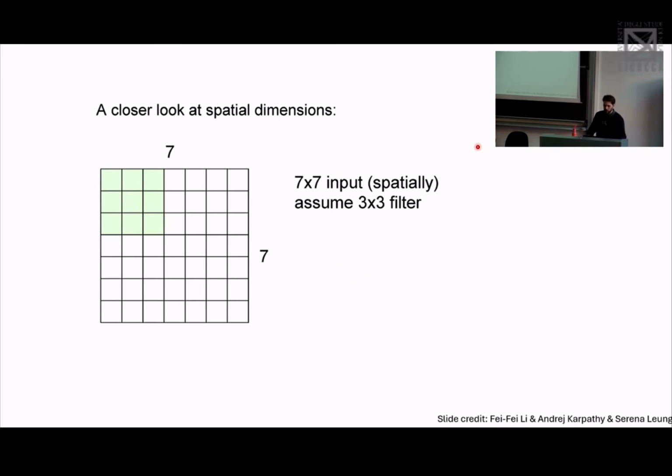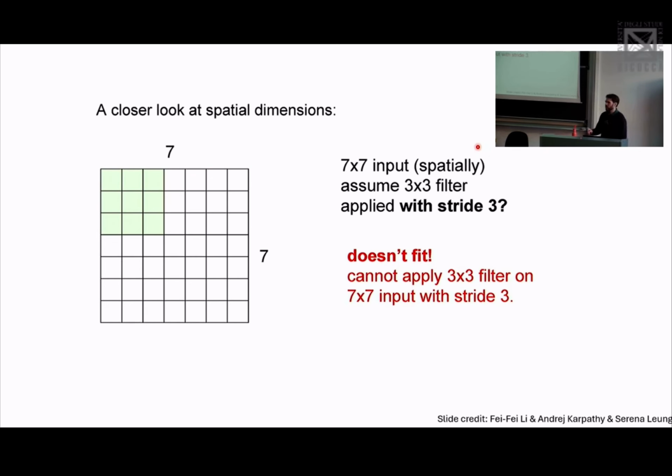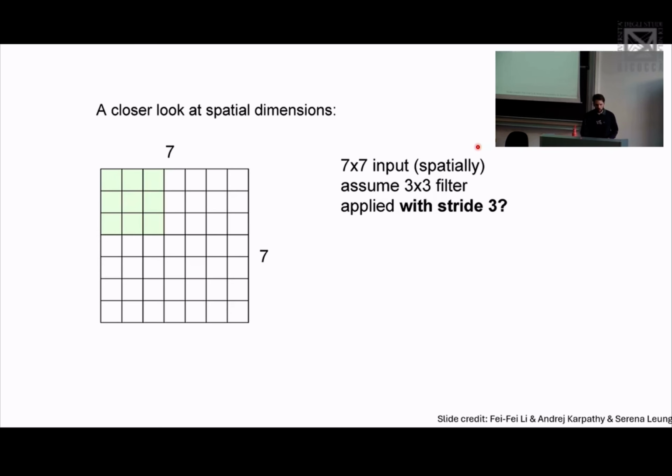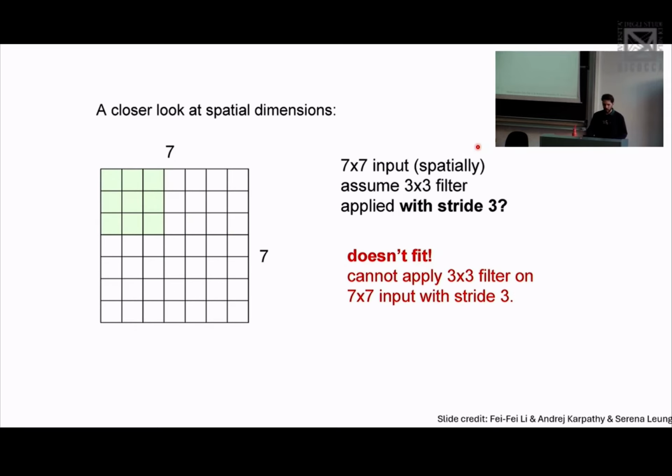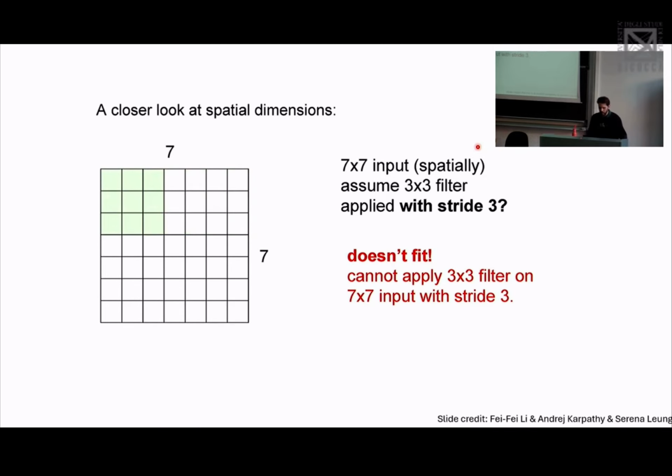Now, this is just to show you what happens when you change the size. You have seen the stride parameter. You can tell the convolution not to move 1 pixel by 1 pixel, but to move 2 pixels by 2 pixels. The output will be shrunk by a factor of 2, and this is used to do downsampling in general.